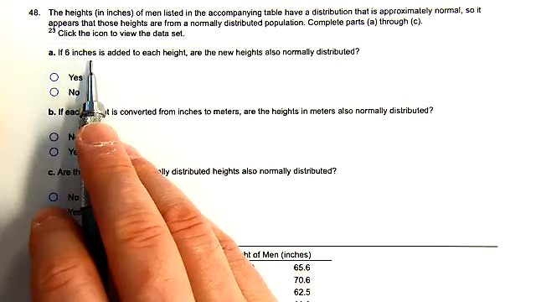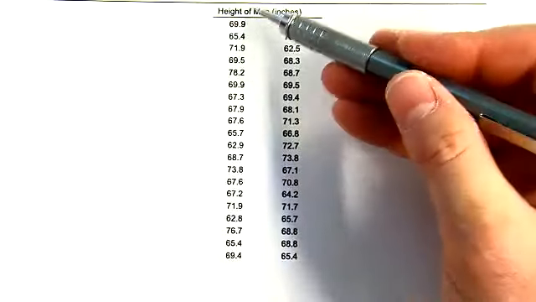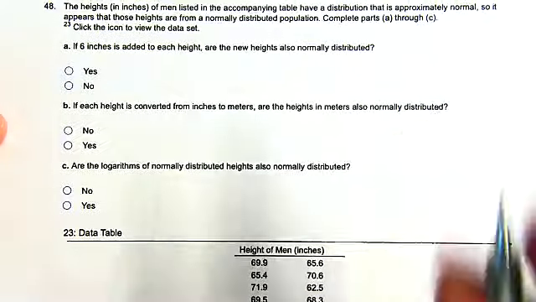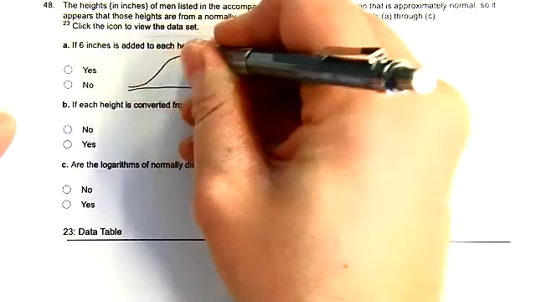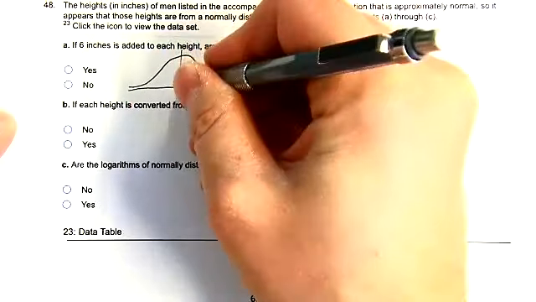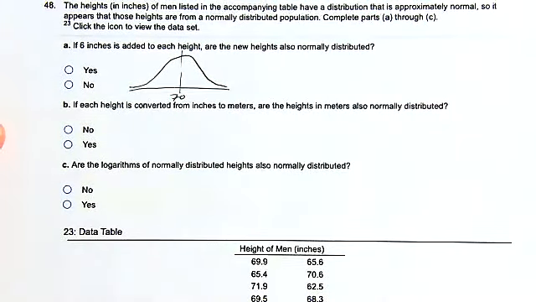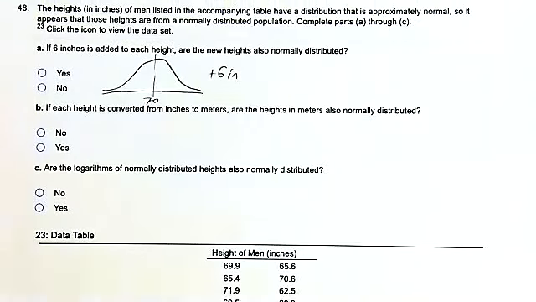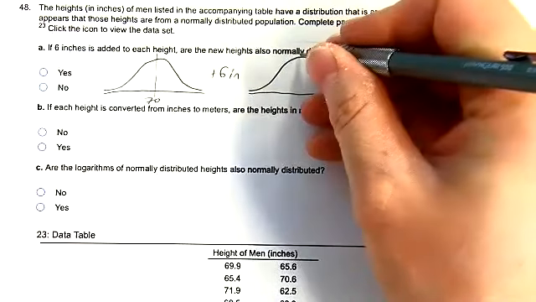It says, if 6 inches is added to each height, are the new heights also normally distributed? So let's assume that these heights were normally distributed, which is a good assumption. So you have a normal curve for the heights as they are, and let's say the center is at 70 inches. That's the mean. If I add 6 inches to every single data point in this curve, all it's going to do is shift this curve 6 inches to the right.